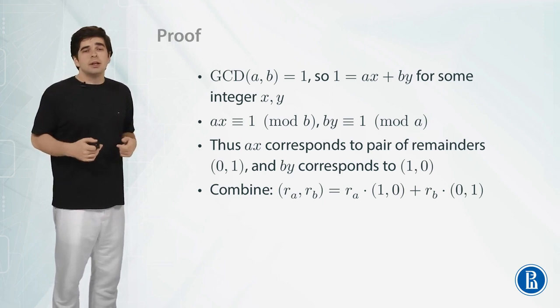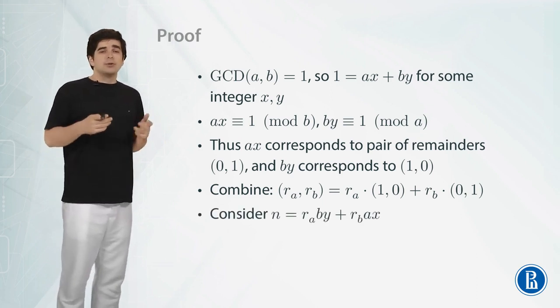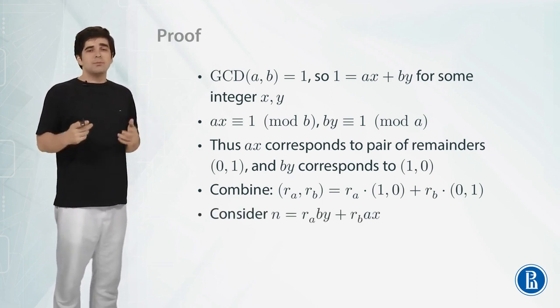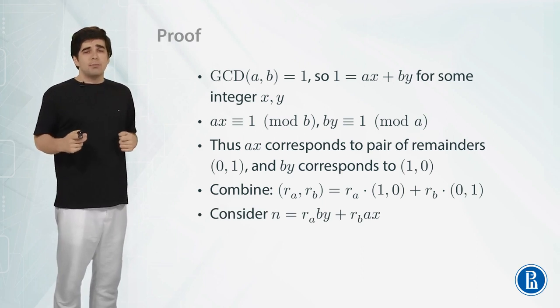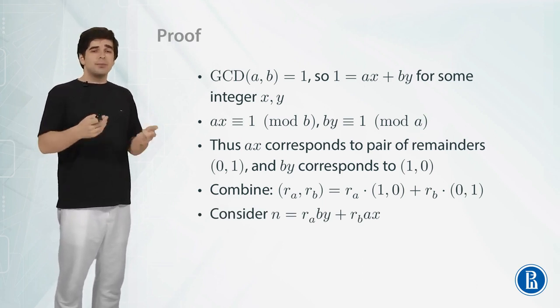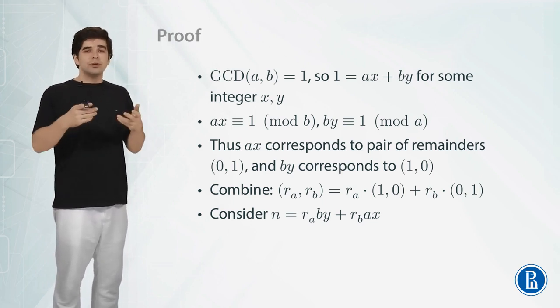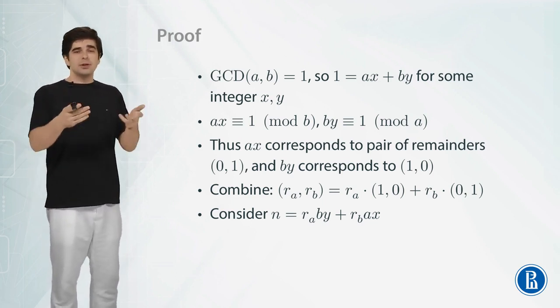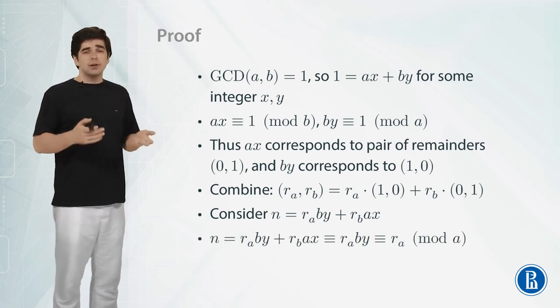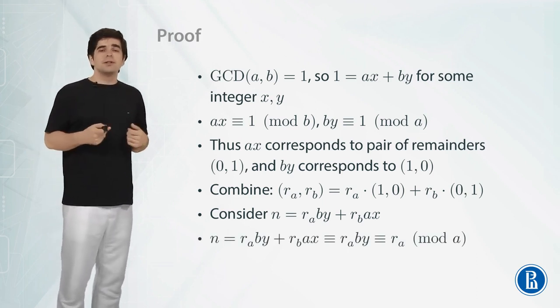Let's check that. So consider n, which is equal to Ra times by, because by corresponds to the pair 1, 0, plus Rb times ax, because ax corresponds to 0, 1. And first let's see what the remainder of this n is modulo a.